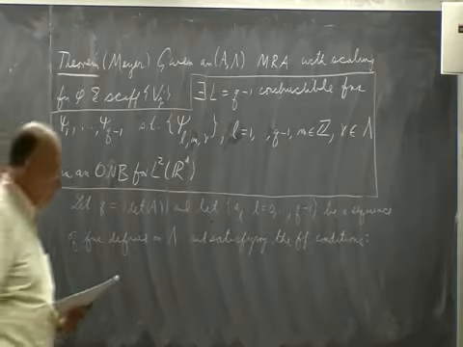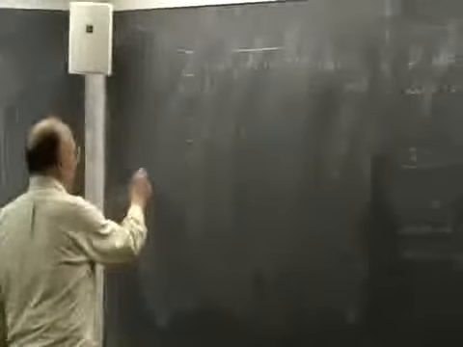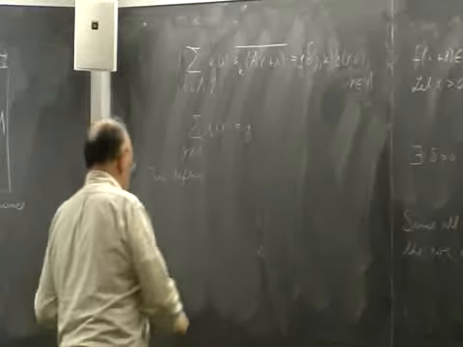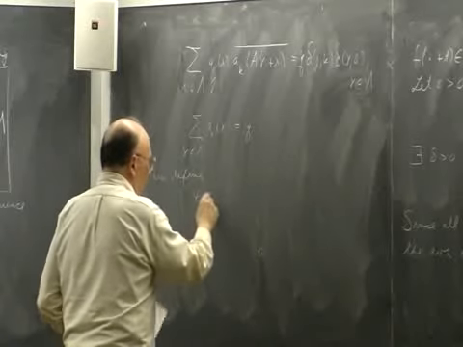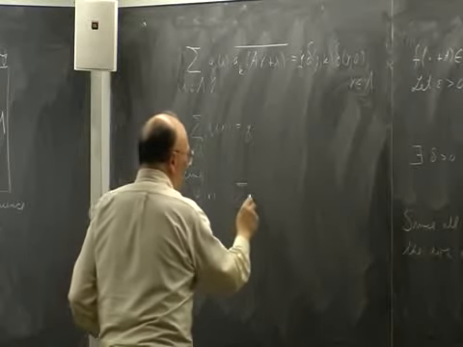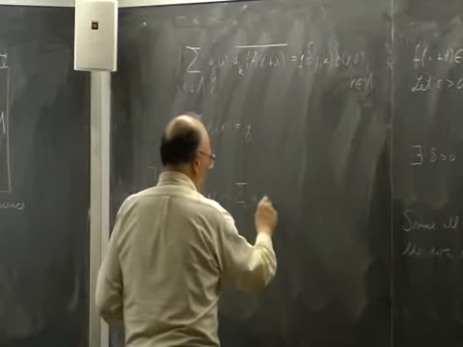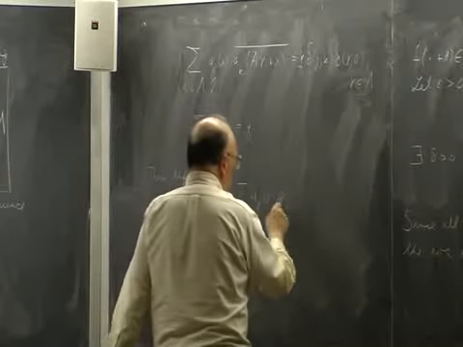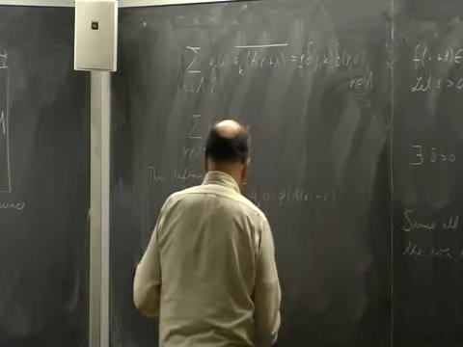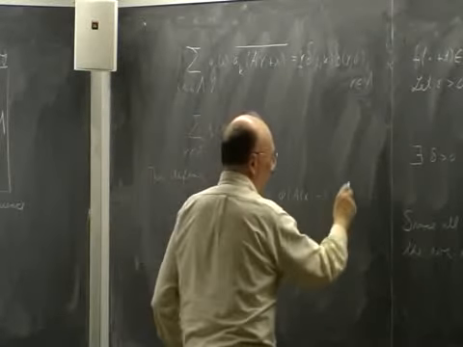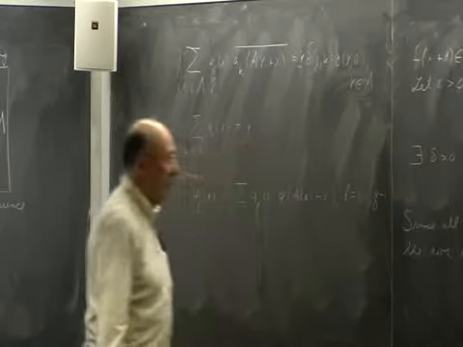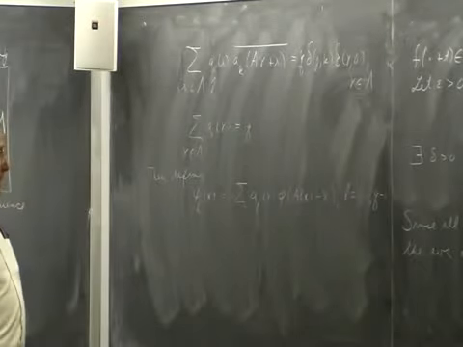And in that case, we define psi_L of x to be equal to the sum of A_L of gamma phi of Ax minus gamma, for L equal 1 up to Q minus 1.